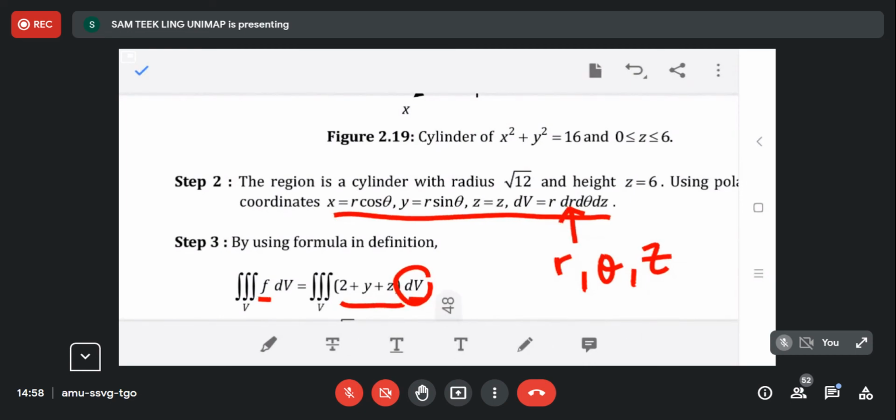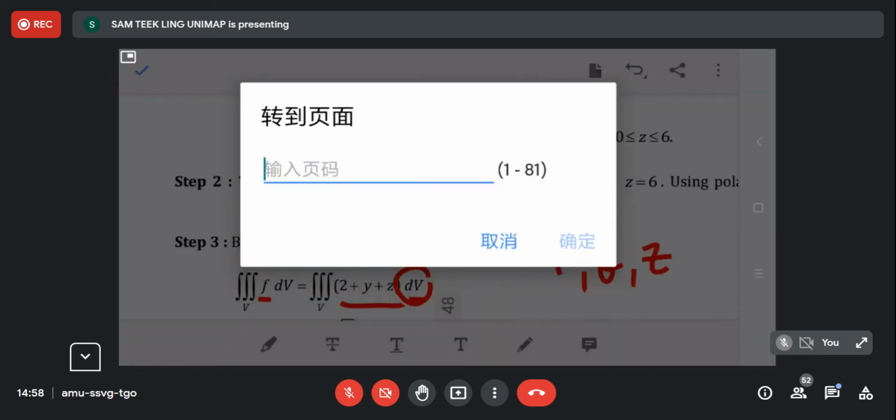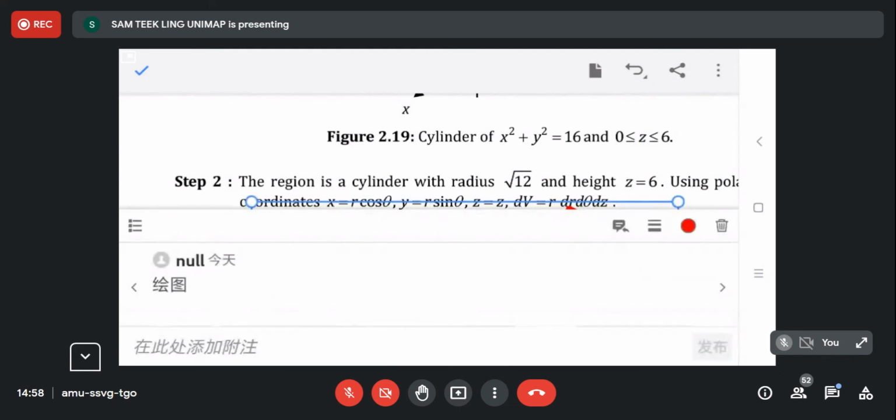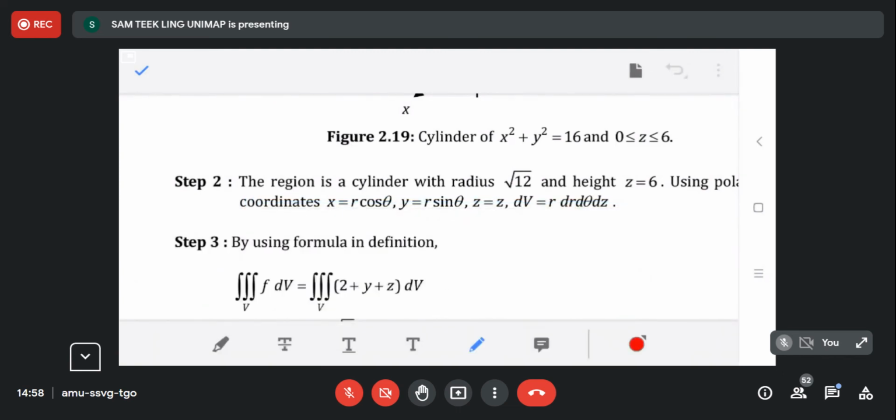After you get this one, you replace y, and z still equals z, no need to change. Then dV, replace.